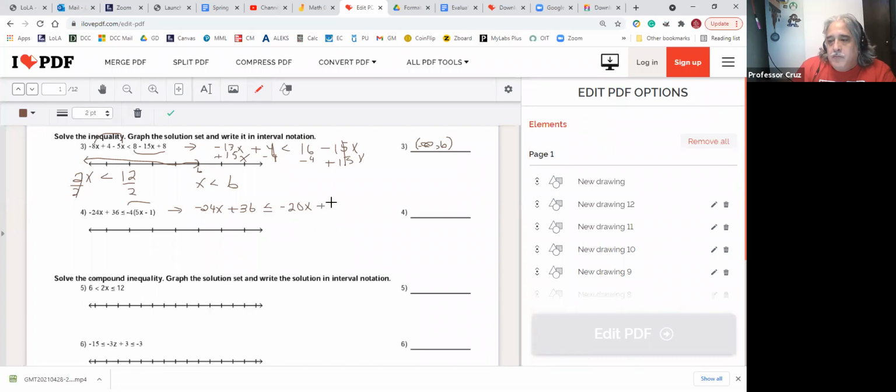X plus 36. 20x. All right, so now we just got to collect across the sign.